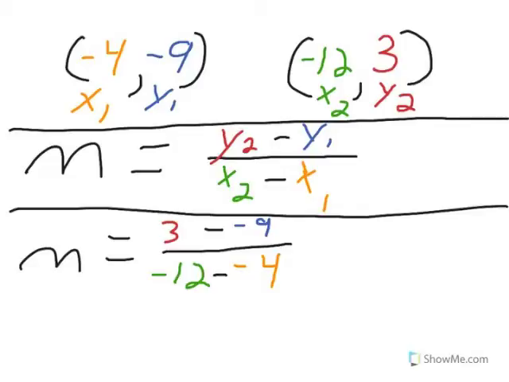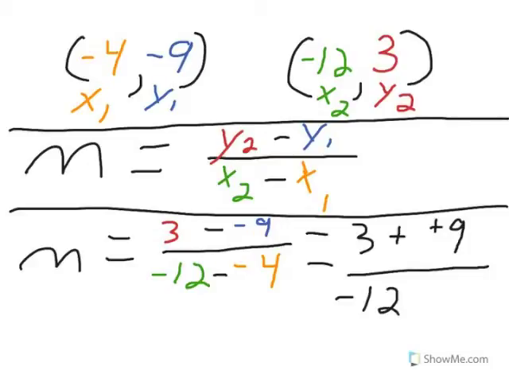4. Now remember, when we are subtracting integers, we change the minus to a plus, change the sign of next. So this is going to change into 3 plus positive 9 over negative 12 plus positive 4 equals.